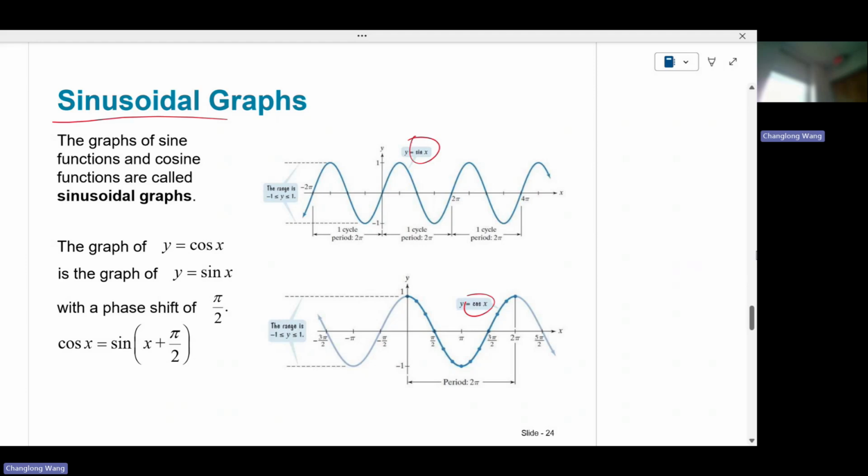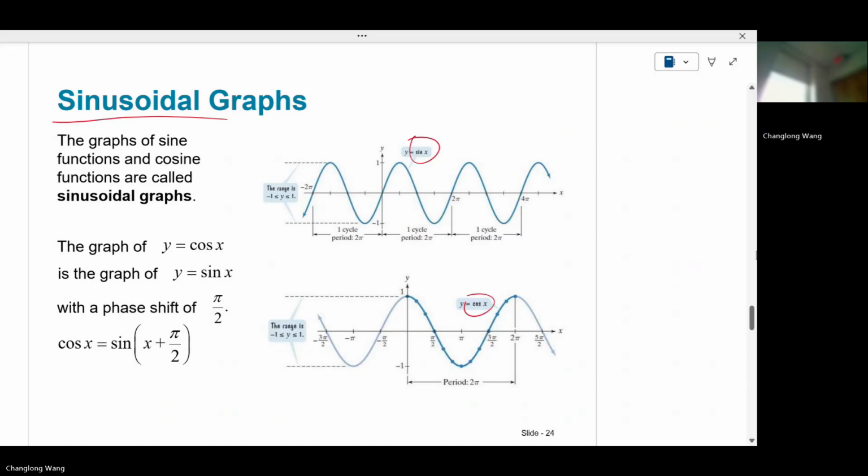Do those two functions, just by looking at the graphs, have the same amplitude? Do sine and cosine function have the same amplitudes? Yes, right? They have the same height, right? Do they have the same period? Yes, right? Do they have the same domain?